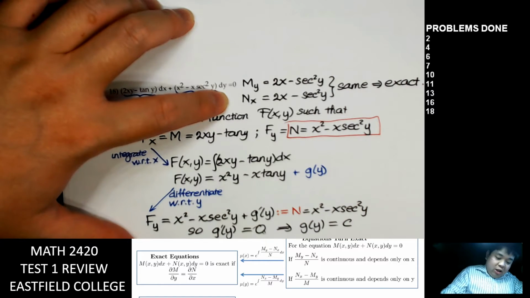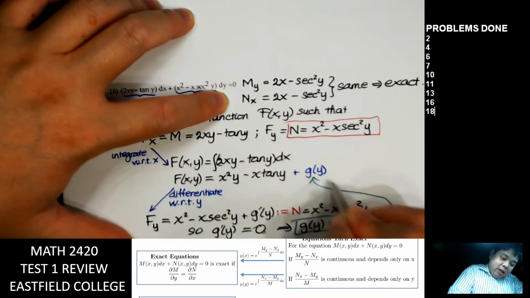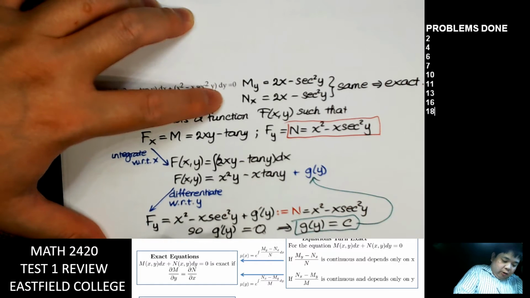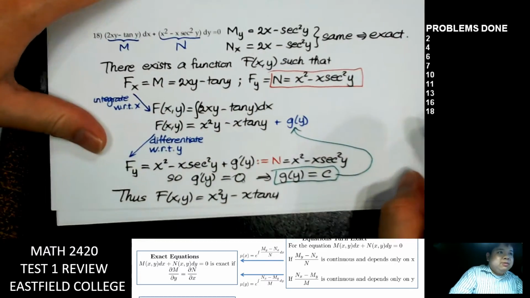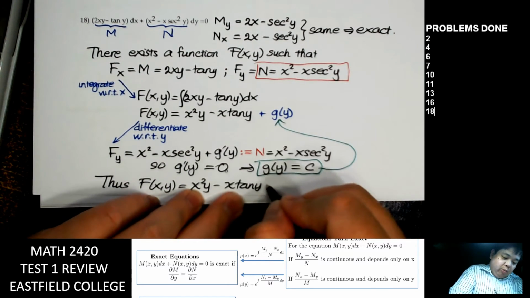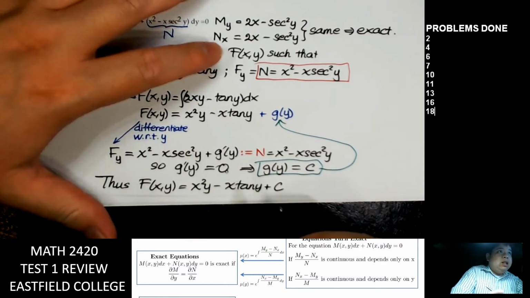Now we know it is equal to a constant. We can just substitute that back in here, and we have the answer. The function is equal to x squared y minus x tangent y plus g of y, which is a constant c.